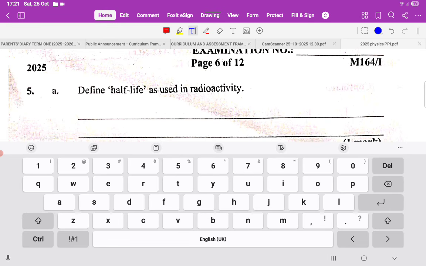Half-life, we shall define half-life in the following manner.